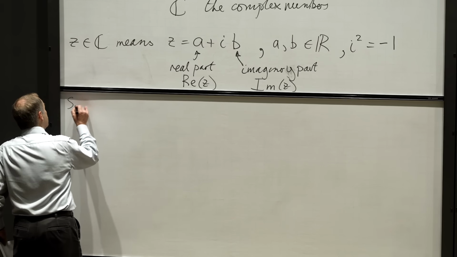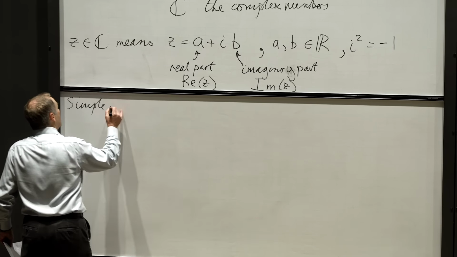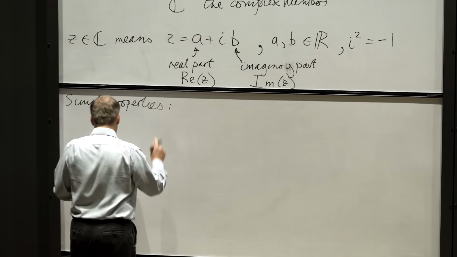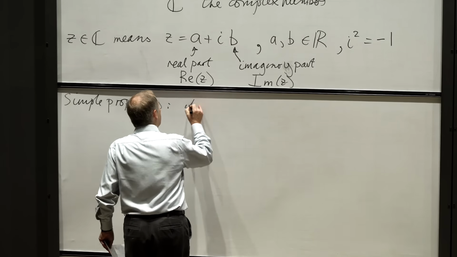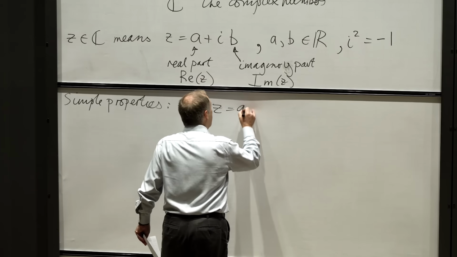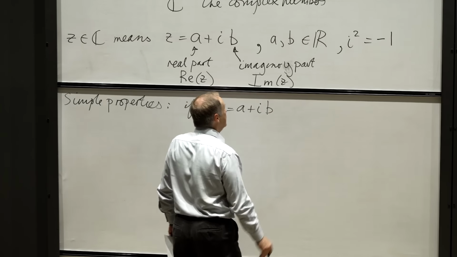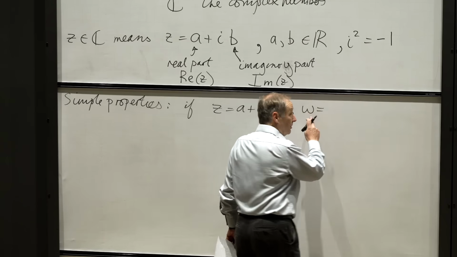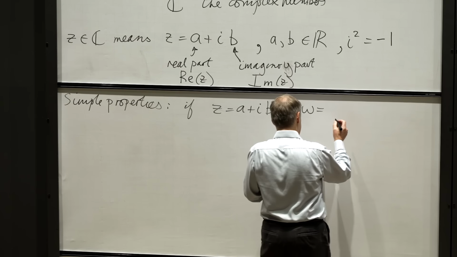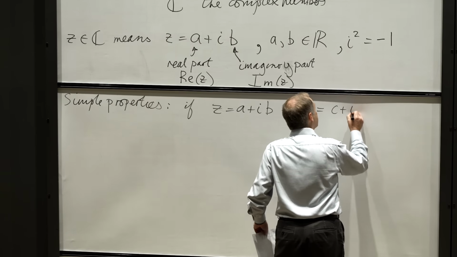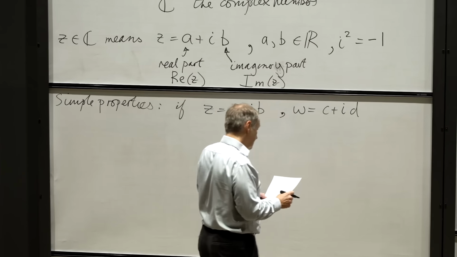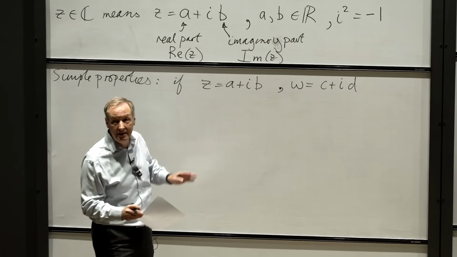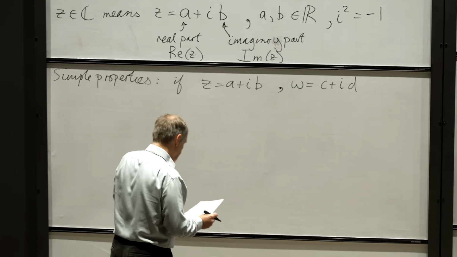So let's just look at some simple properties. First of all, if we have two complex numbers, here's one, A plus I times B, and here's another one, W. This is W or omega, I can't write the difference, so it's always the same. C plus I times D, okay? So here, necessarily, by what I've just said, A and B and C and D are real numbers, okay?